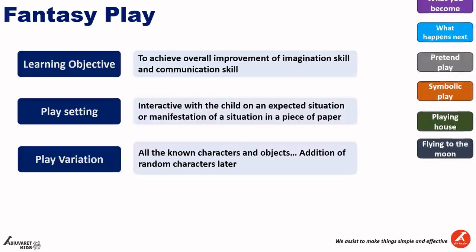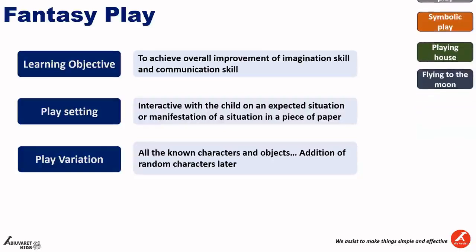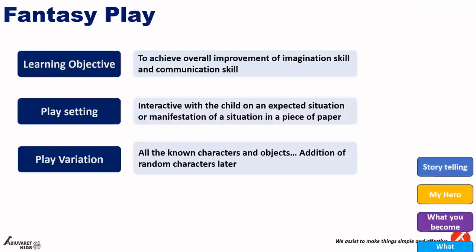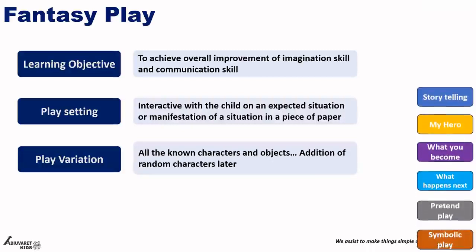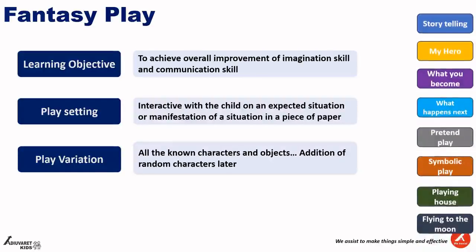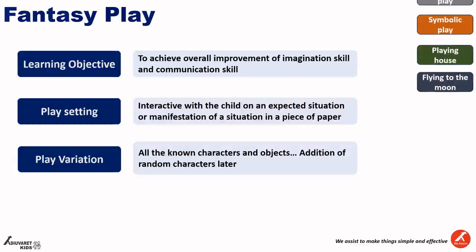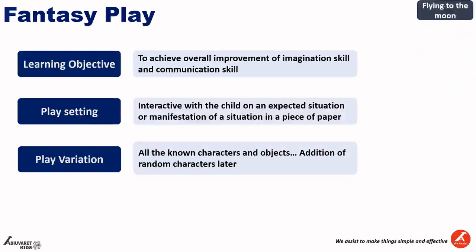But once the child starts to imagine, the child can create such characters out of that fantasy play. That's the power of fantasy play, when children become more creative in creating a new structure, new character, or new object.